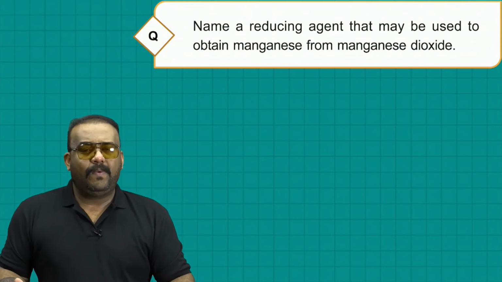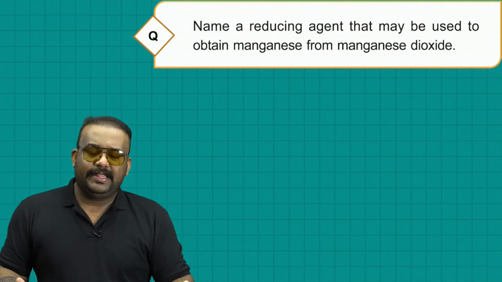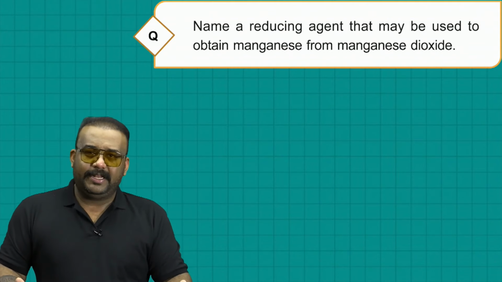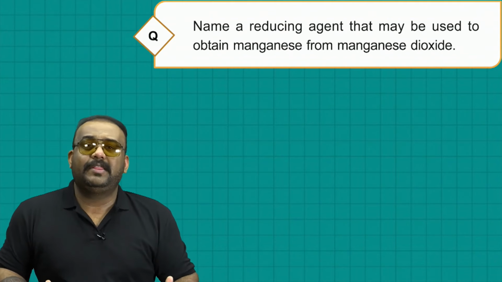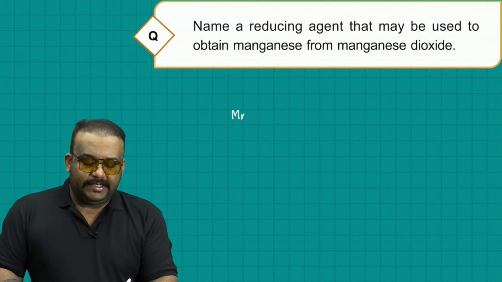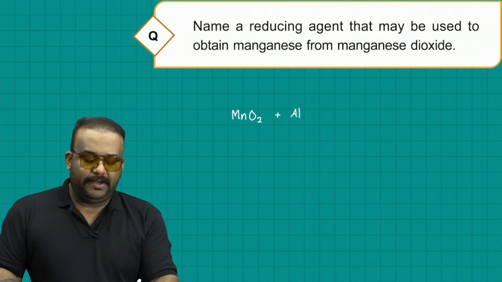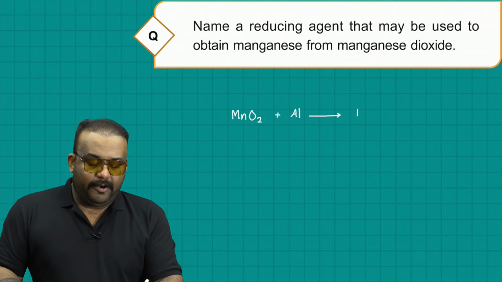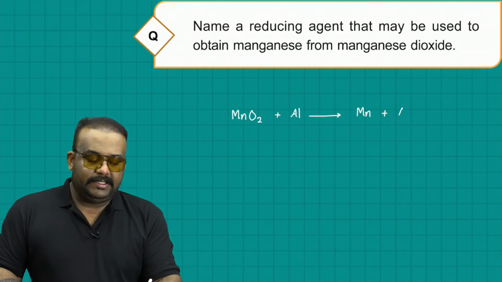And if you remember, one such reducing agent that you have studied in the chapter metals and non-metals, when you were studying about the thermite reactions, aluminium can be used as a good reducing agent. For example, if I have manganese dioxide and I add aluminium into it, it will result in the formation of Mn plus Al2O3.